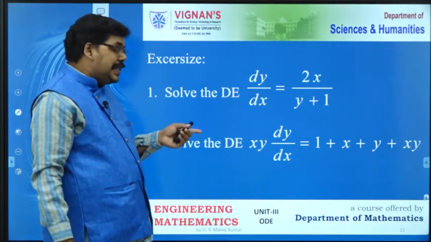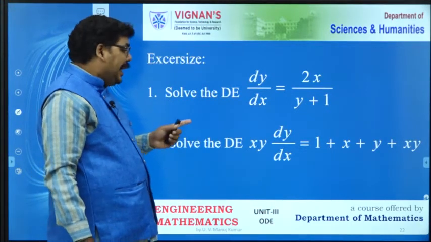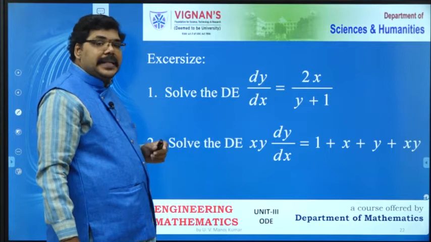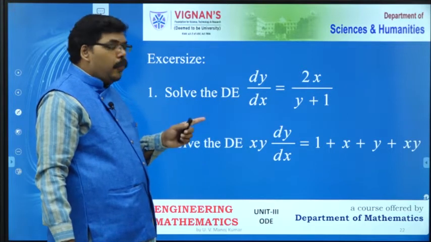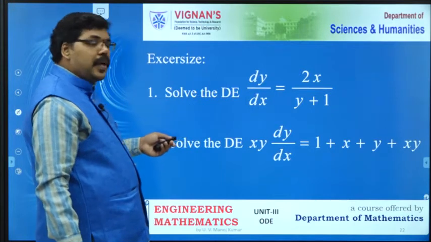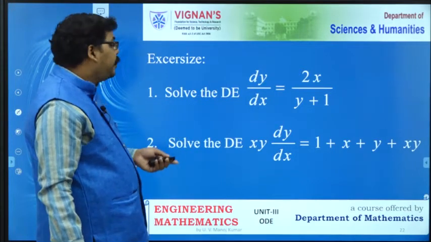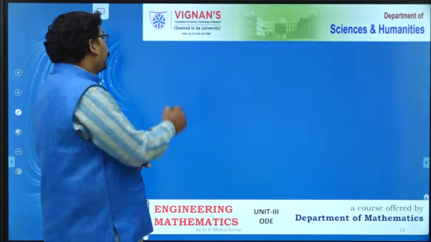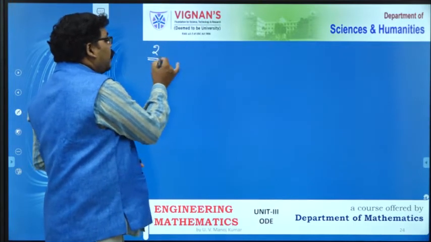Now let us solve the second equation: xy dy by dx equals 1 plus x plus y plus xy. So I am solving the second differential equation.